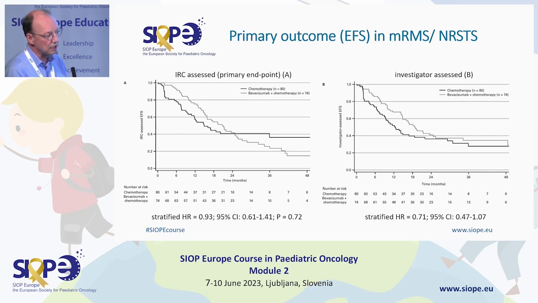Interestingly, two endpoints were presented, or the same endpoint was presented, but assessed differently, either by an independent review committee on the left side, and when assessed by the investigator, on the right side. It didn't matter much for the overall result, but it was quite interesting to see such a different outcome, or assessment.